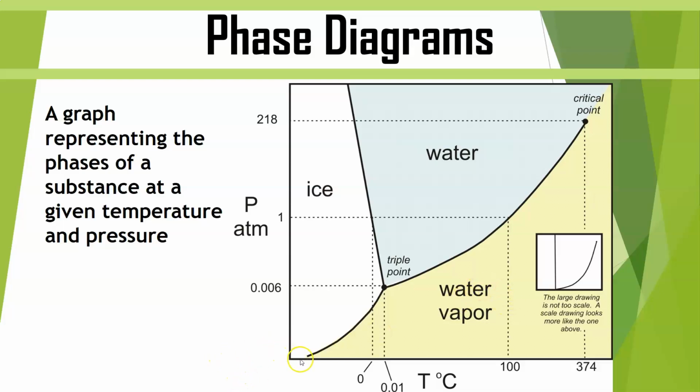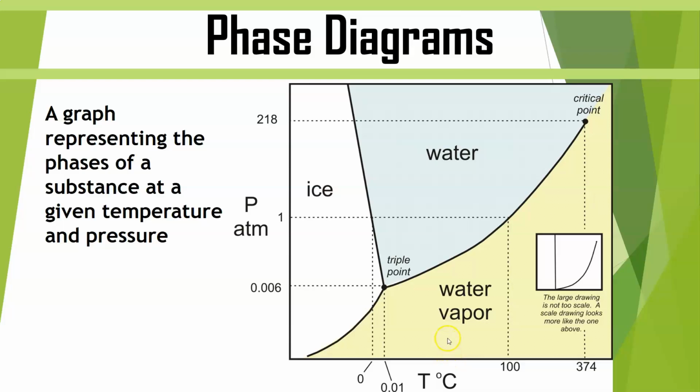Okay, so if I'm at very low temperatures, I'm going to have a solid, aren't I? Right? I'm going to have ice if I'm at a really low temperature. If I warm my temperature up, but I have a low pressure, that means I'm going to have a gas, aren't I? If it's warm but low pressure, then those molecules can be very far apart and I'll have a gas.